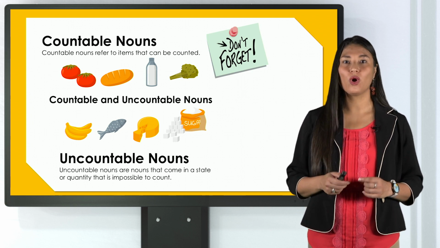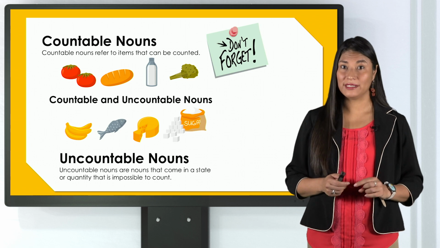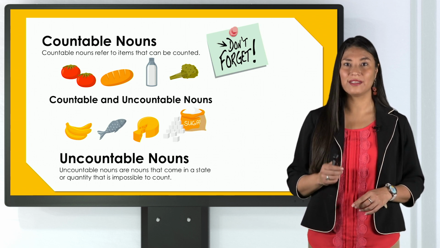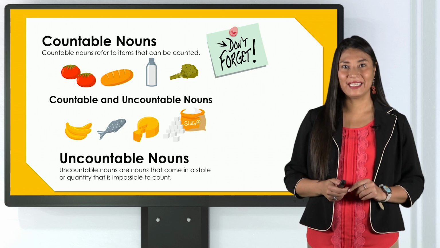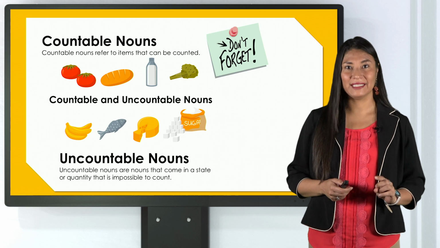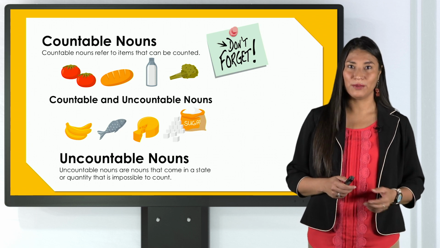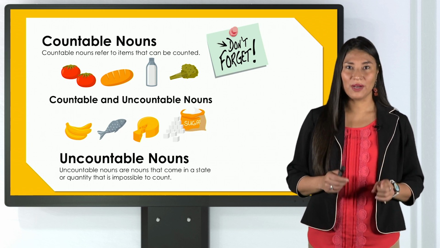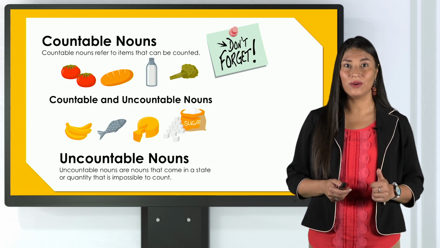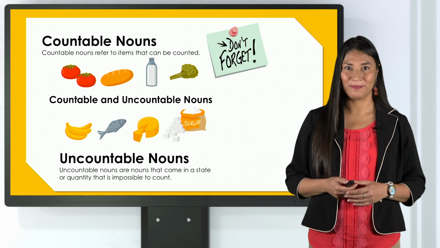Uncountable nouns are always considered to be singular and can stand alone or be used with some, a little, and much. We can't put a or an with an uncountable noun. To refer to a quantity, we use measuring units such as a kilo, a liter, or a gram.